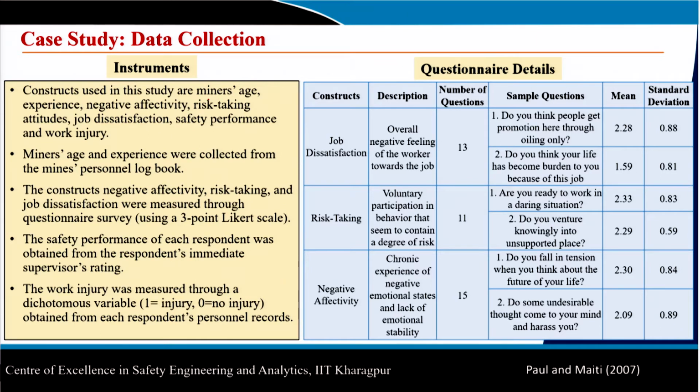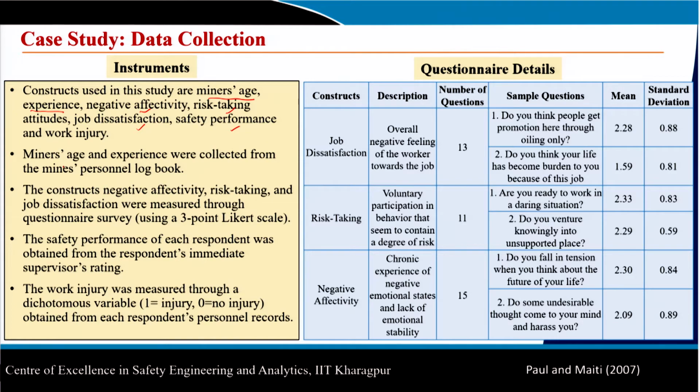First of all, miners' age, miners meaning mine employees, and experience we got from their employee records. Negative affectivity, risk taking attitude, job dissatisfaction and safety performance we got through a questionnaire survey, and work injury also from the records.